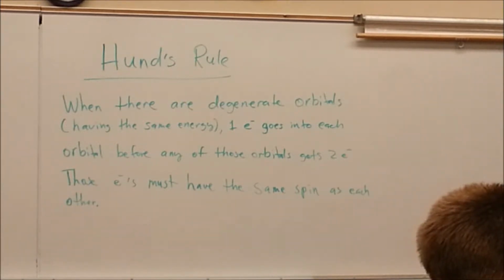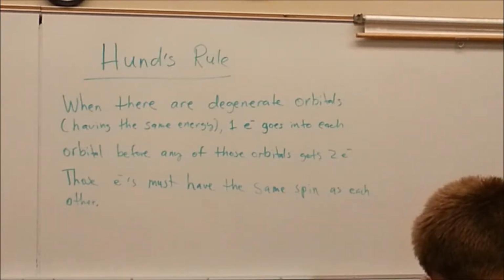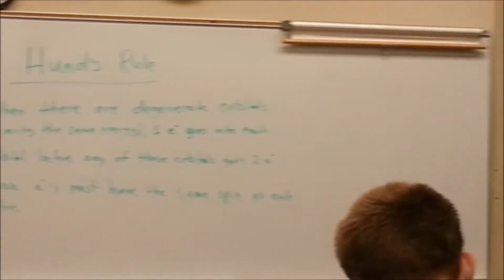In any p subshell, such as a 2p subshell, how many orbitals are there? There's 3, right? 2p1, 2p2, 2p3. Those 3 2p orbitals, or any of the orbitals at the same n, have the same energy as each other. So they're degenerate. They're degenerate orbitals. And that's the situation that I'm talking about here.